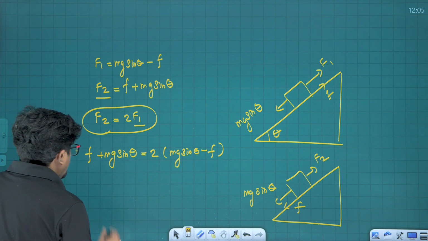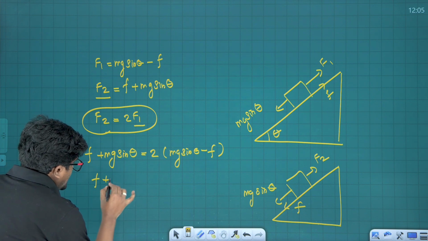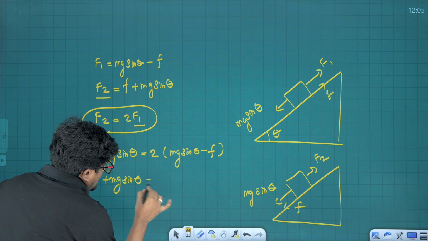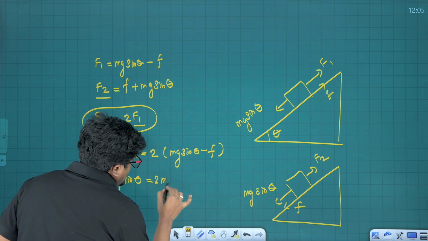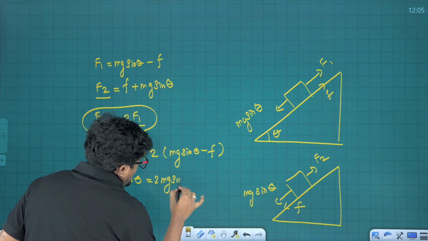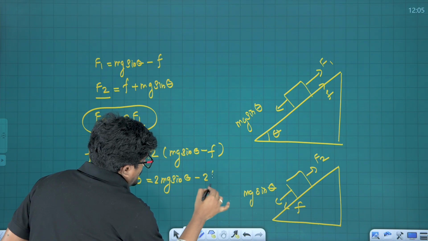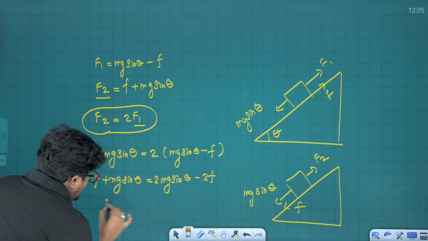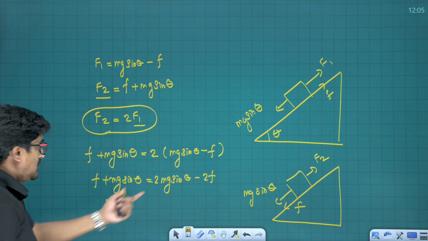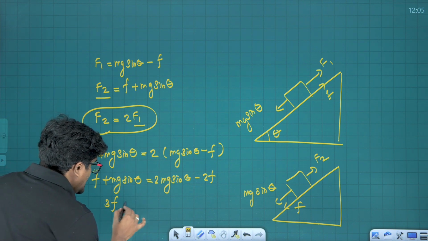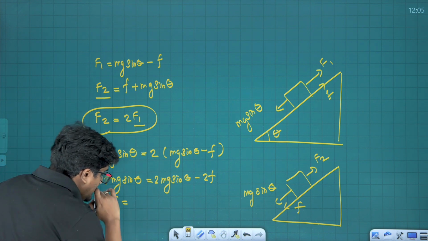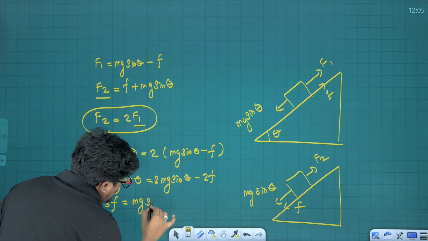So rearranging that, f plus mg sin theta is equal to 2 mg sin theta minus 2f. Taking this towards the left, 3 times f is equal to 2 mg sin theta minus mg sin theta, that is mg sin theta only.